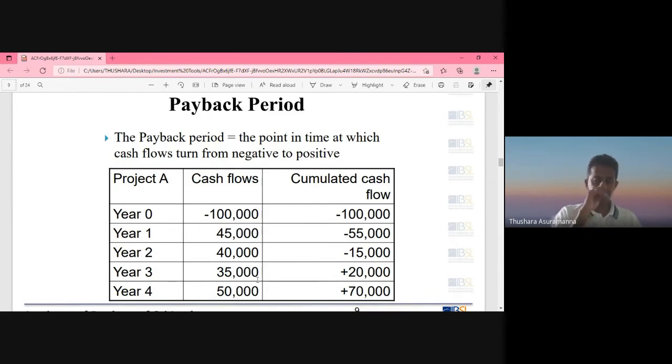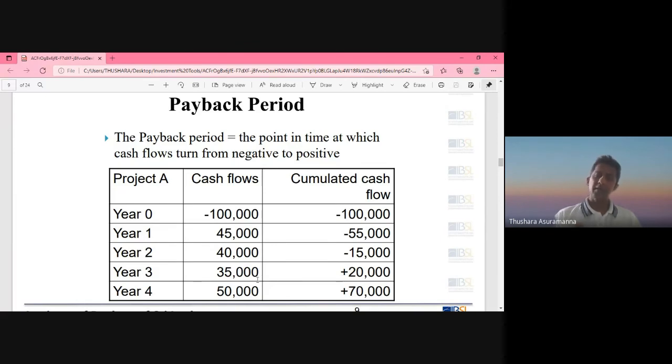By end of second year, we have minus 15,000 to recover. By end of year 3, we know for sure that we have reached the payback. Why? We have positive 20,000. Then this 15,000 is within the cash flows of year 3.